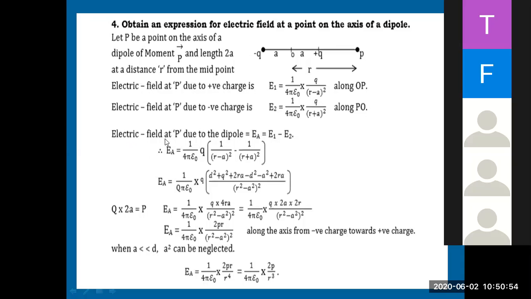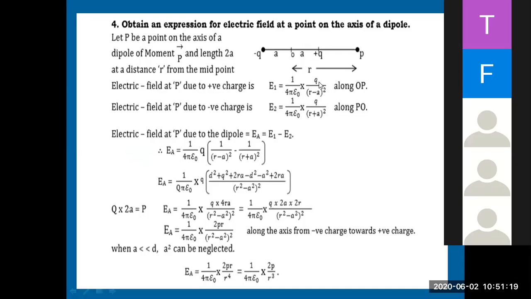Now we'll take the total electric field at P due to the dipole. Due to your dipole, your formula will be E axis is equal to E1 minus E2. So what is common in these two terms? If you see, it is 1 divided by 4 pi epsilon naught. Take that outside. What is also common here? Q. So that is also removed.